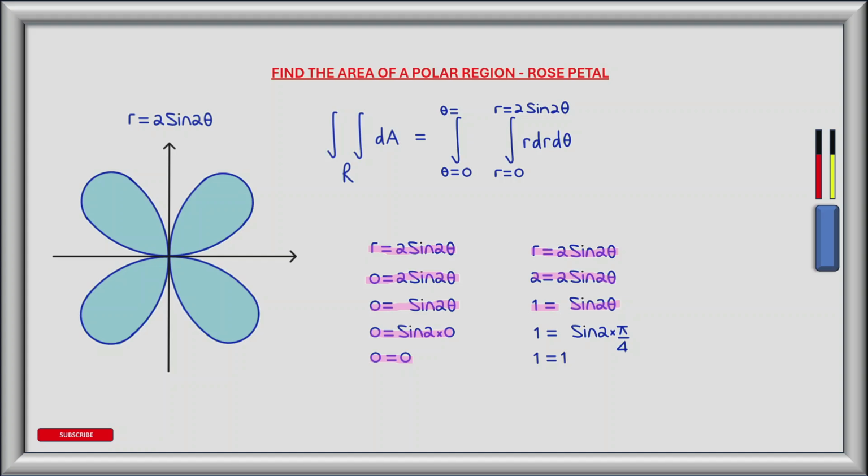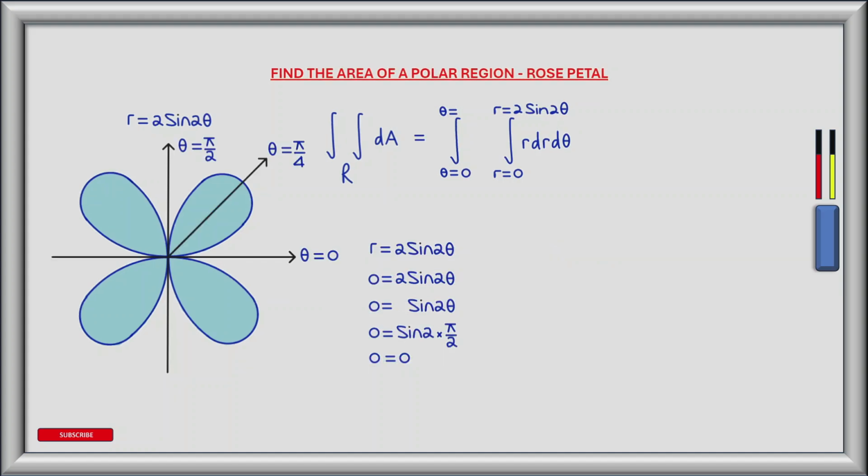The answer to that is 45 degrees or pi by 4, as when multiplied by 2 gives 90 degrees or pi by 2, and the sine of pi by 2 is equal to 1. So 1/2 of a single petal is plotted between theta equals 0 and theta equals pi by 4.